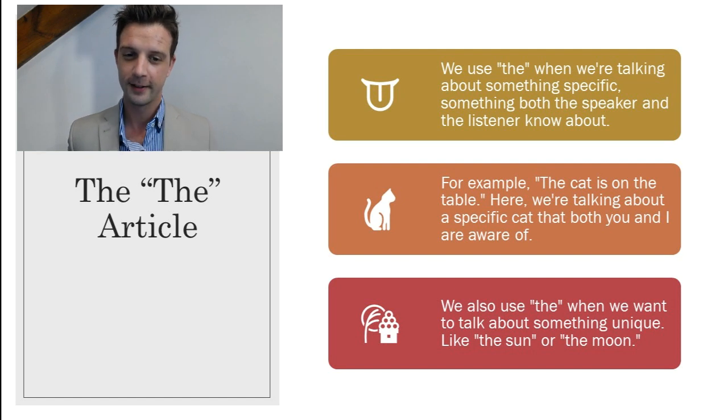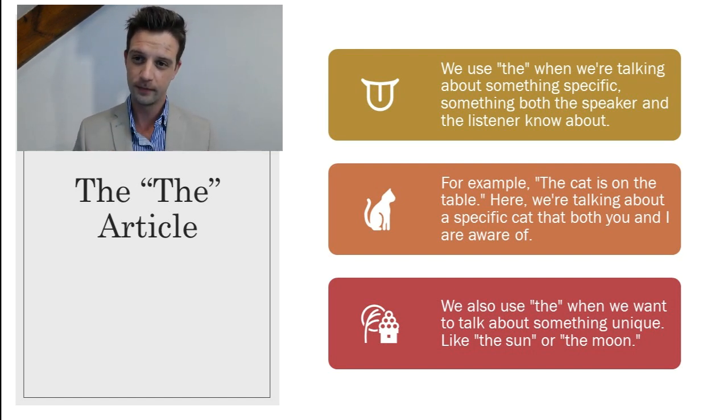Okay. Those are your definite, or this is the definite article. Remember, a and an are your indefinite articles or general articles. The is your definite article, specific article.